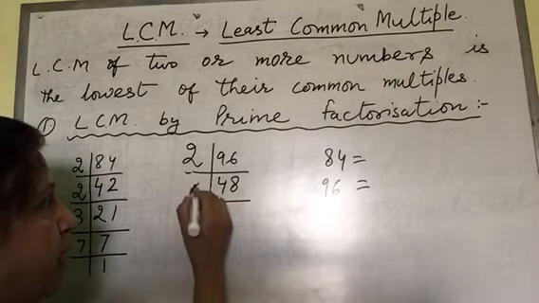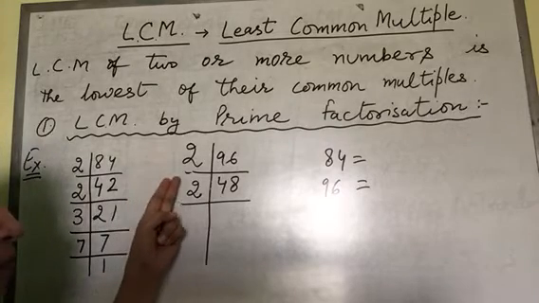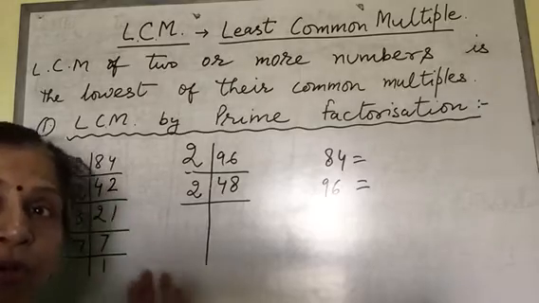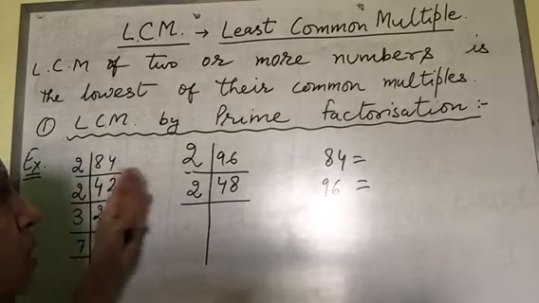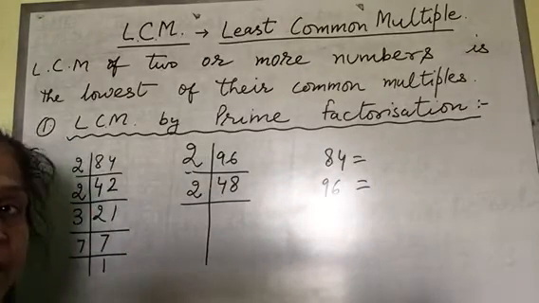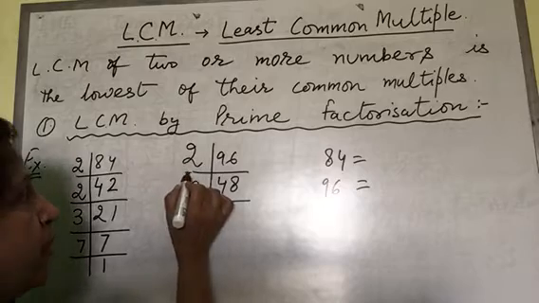So I divide it by 2, the smallest prime number. I have to find out the prime factors. So I will use only prime numbers here because we are doing LCM by prime factorization, and prime factorization में क्या होता है? Factors which are prime. So I am going to use only prime numbers here.